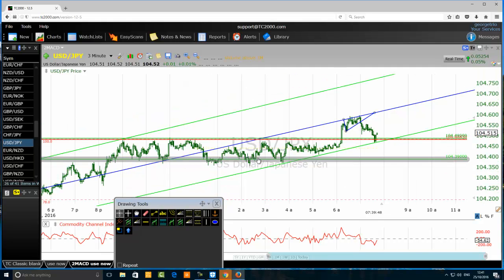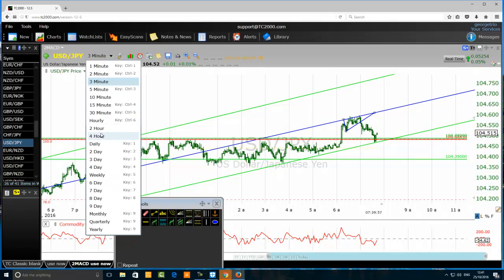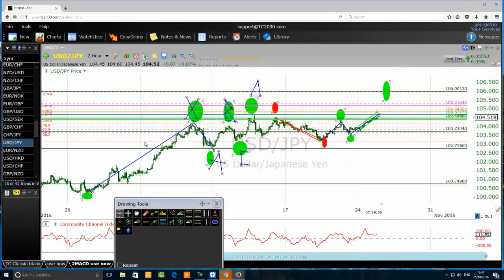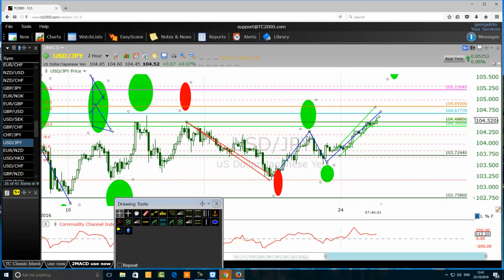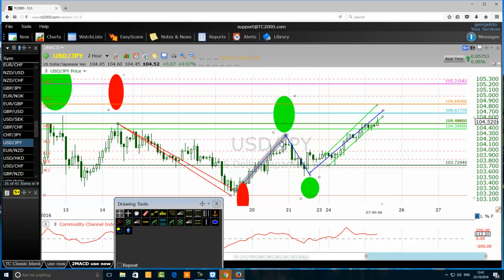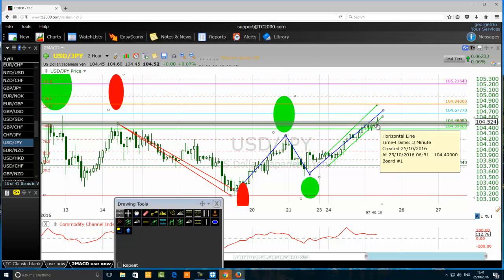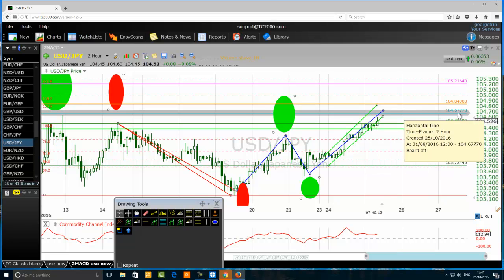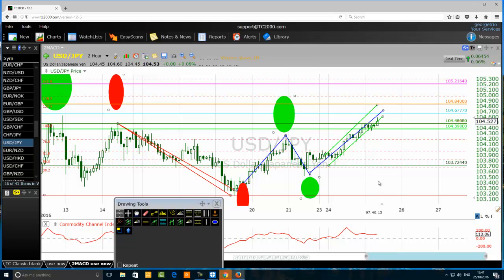Now for this trade, because we have already lost 10 pips, I'm going to go back to the 2-hour time frame and see whether I should adjust. Yes, so I will take my first profit for this second trade at 104.67.